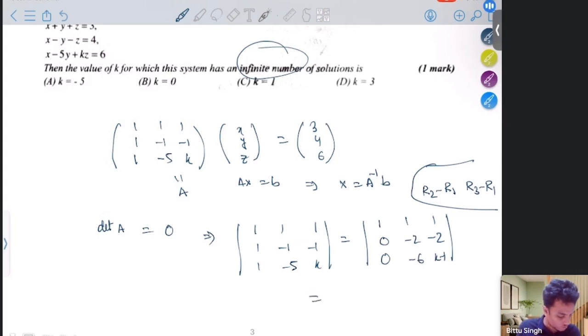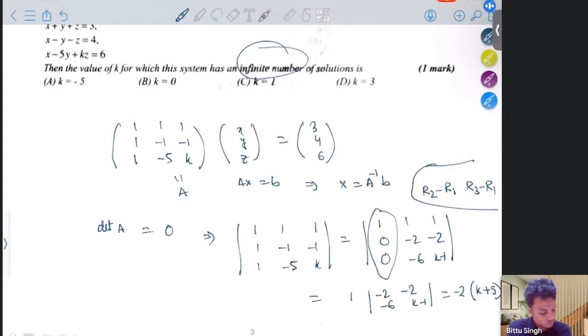So if we expand the determinant with respect to the first column, it will be 1 times minus 2 times (k minus 1) minus (minus 2)(minus 6), which is the same as minus 2 times (k minus 1 plus 6), right? k minus 1 plus 6, that is k plus 5. So this determinant is 0 if and only if k equals minus 5. Therefore, this is the answer.